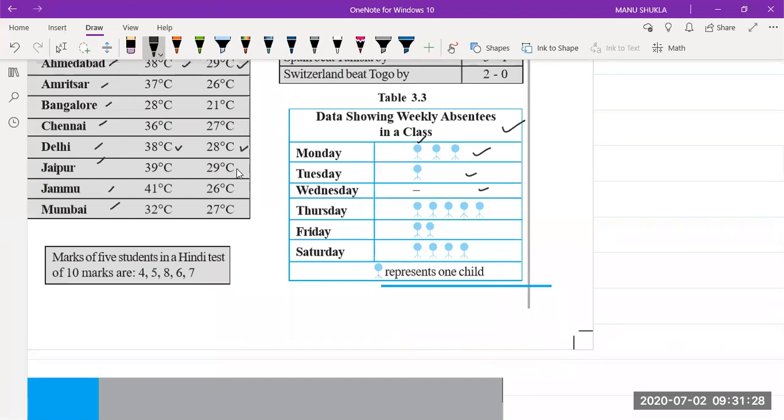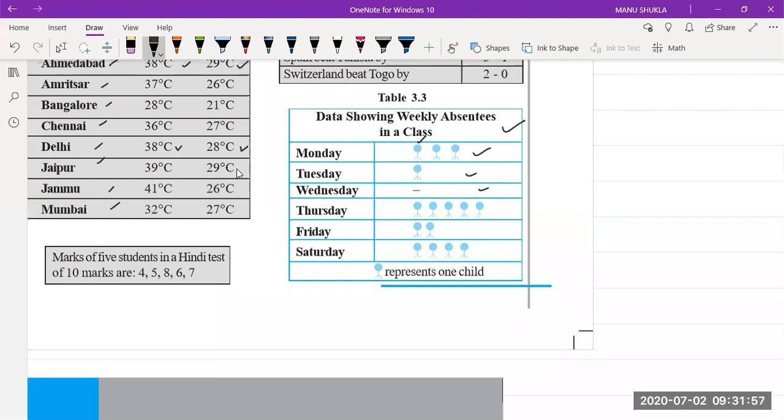So someone can ask you on which day the strength is maximum. On Wednesday. Yes, beta. So maybe the reason is we have 2 PT periods on Wednesday. That is why the strength is full. And maybe we have no PT period on Thursday. That is why the strength is lowest.